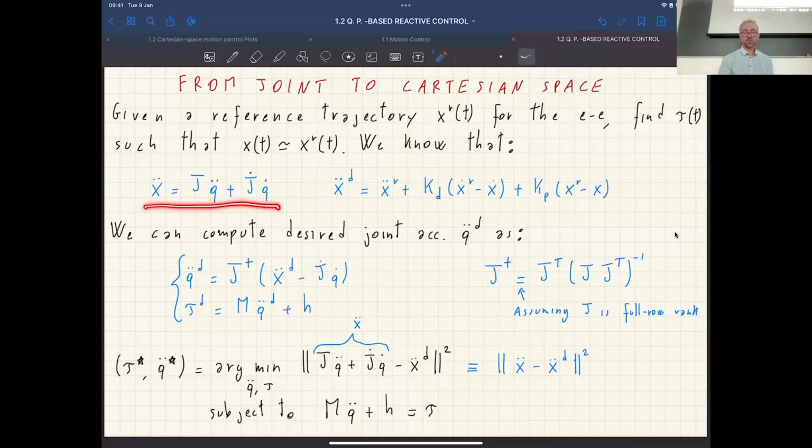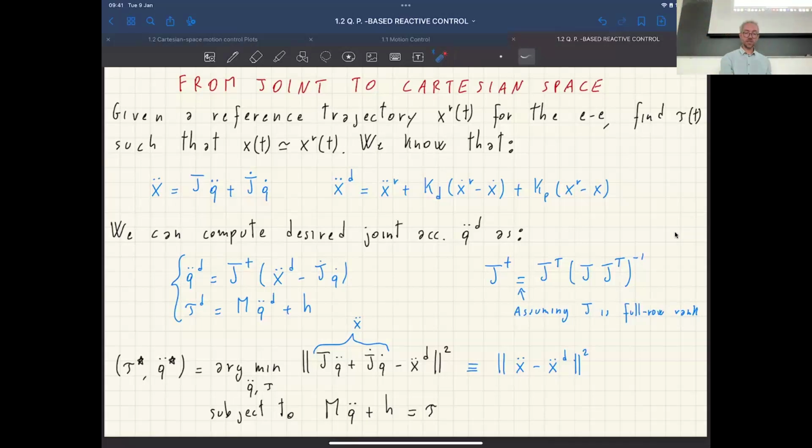There could be cases in which this system of equations doesn't admit a solution. For instance, if your arm is completely straight, you're at the elbow singularity, and if I ask my robot to accelerate the end effector in that direction, there is no solution. Physically, the robot cannot accelerate in that direction.